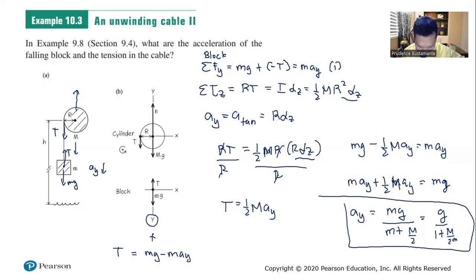So here we have mg minus m times g over 1 plus M over 2m, which is equal to mg over 1 plus 2m over M. You need to know how to simplify this one. So that is the tension and the acceleration of the block.